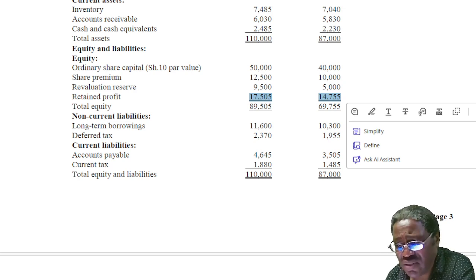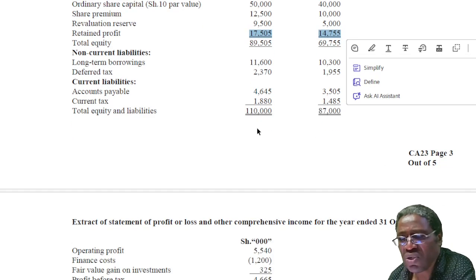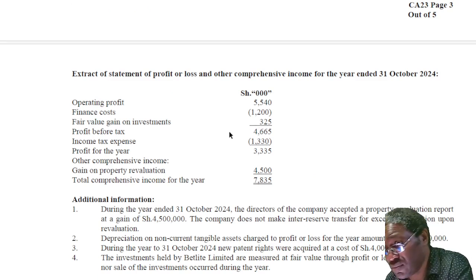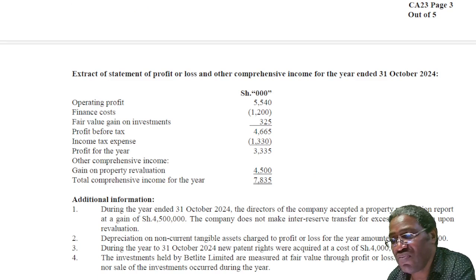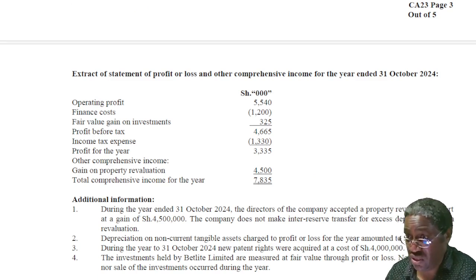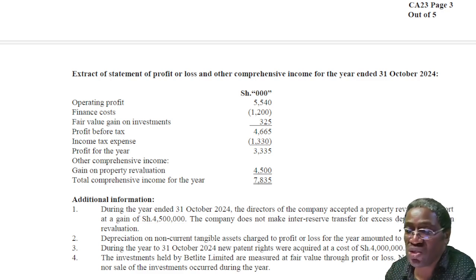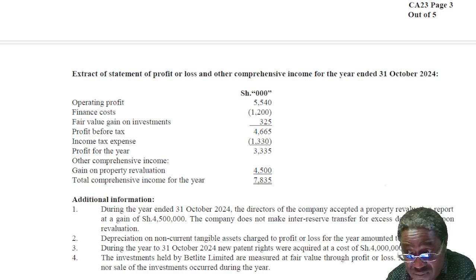There are times when from the question, you may be given what we call a statement of changes in equity. If you are given a statement of changes in equity, then you can clearly see the dividends from it, or in other words, you may be given the appropriation of the profit.